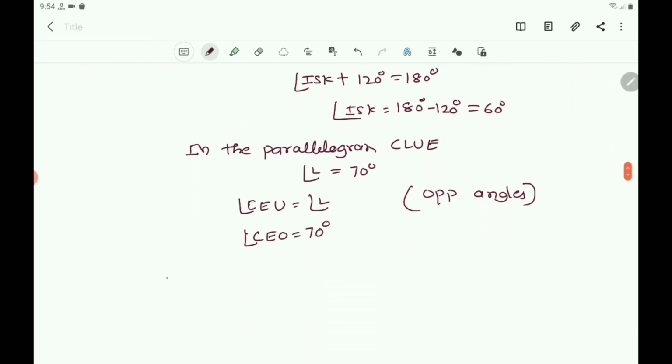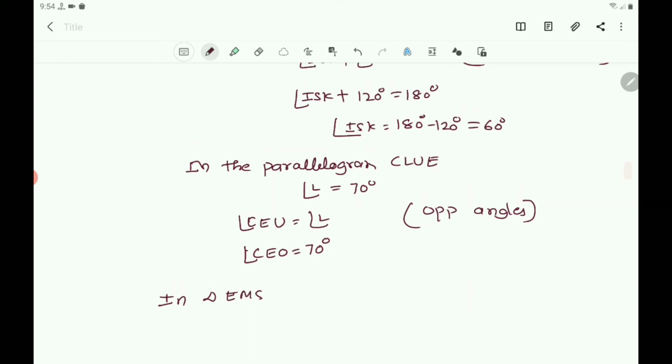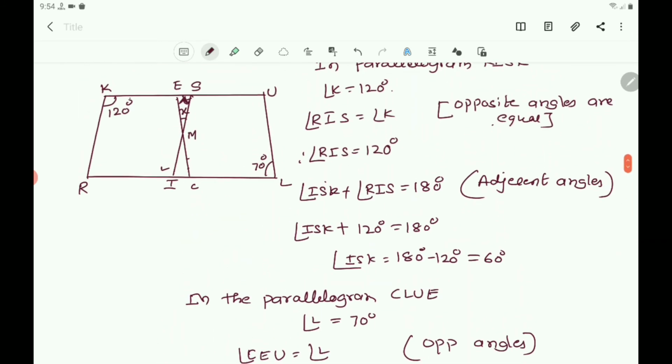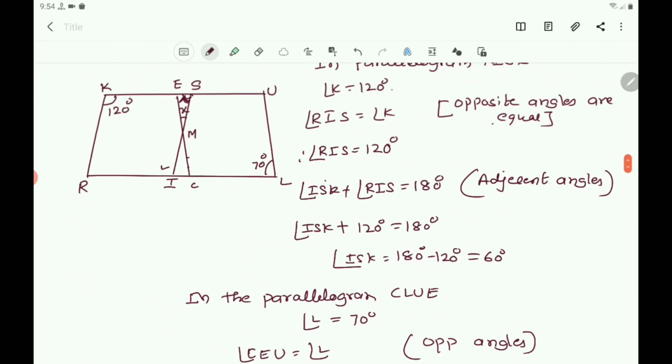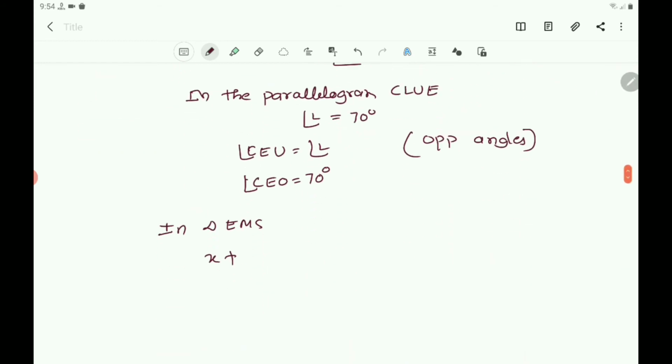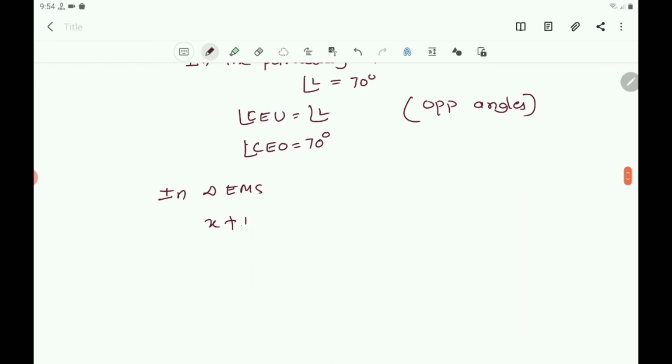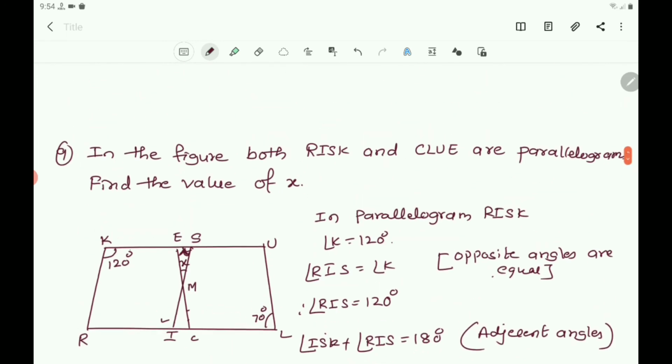One angle is given, x, plus the other two angles: ISK, that is the point at S, you got 60 degree, plus angle MEU.